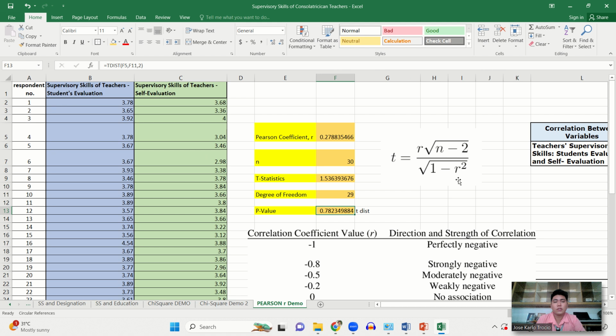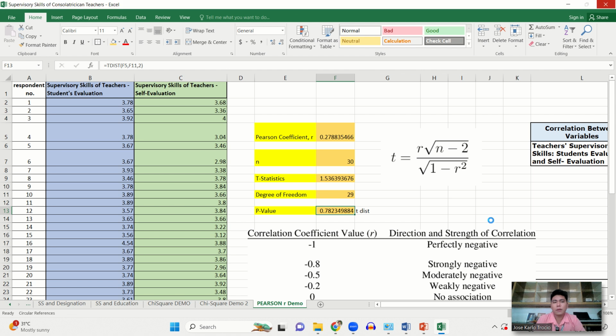Now, your Pearson R is 0.278. So, is that a positive correlation or a negative correlation? That is a positive correlation. Therefore, there is a significant difference between the self-evaluation and the student's evaluation.